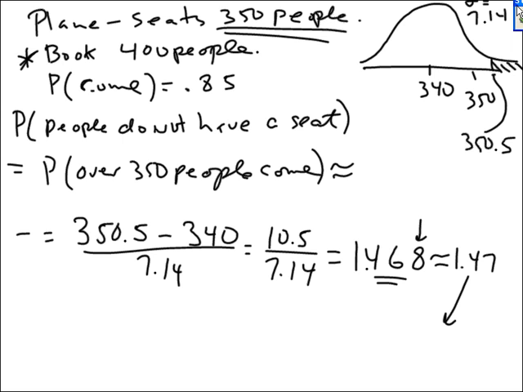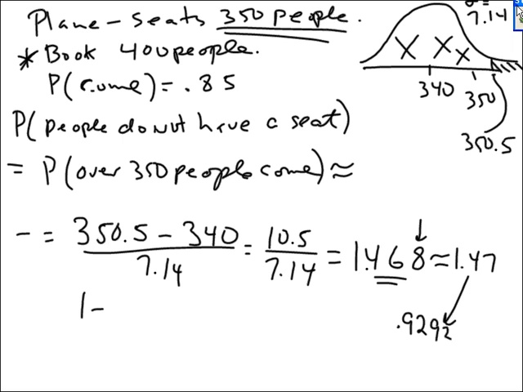And let's see what area that gives us. 1.47 is 0.9292. That means this area is 0.9292. I want the balance.